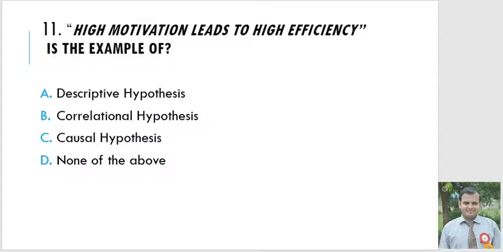Your options are A descriptive hypothesis, B correlational hypothesis, C causal hypothesis, D none of the above. From the four options you have to notify the correct answer for the above example.